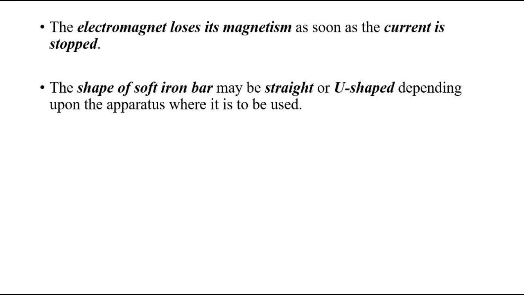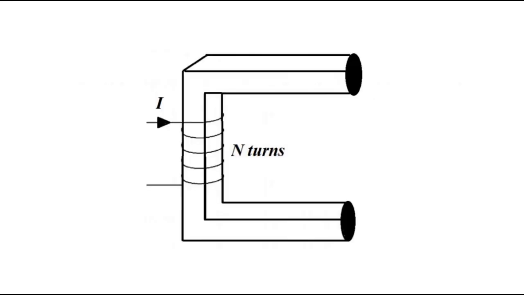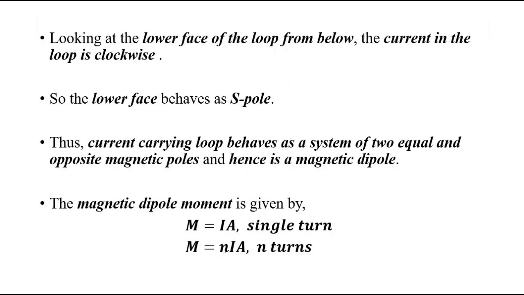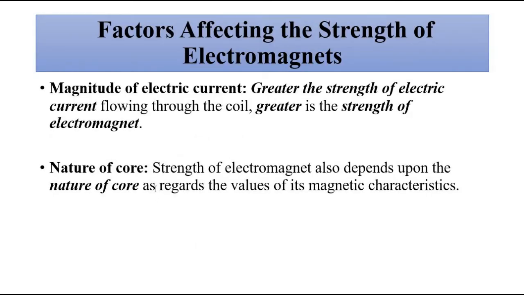There are different factors which affect the strength of the electromagnet. First is how much current is passed, which is evident from this: the dipole moment is directly proportional to the current. So the greater the electric current passed, the stronger the electromagnetic field will be.